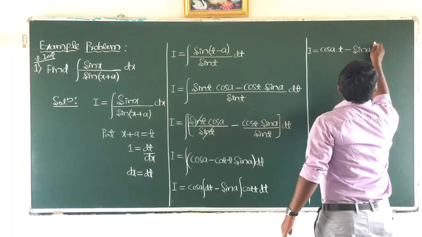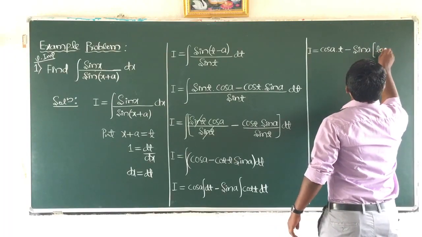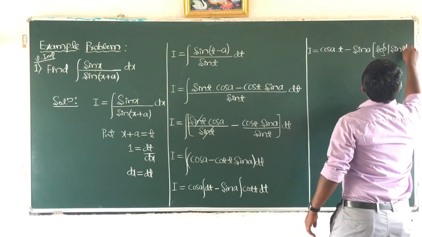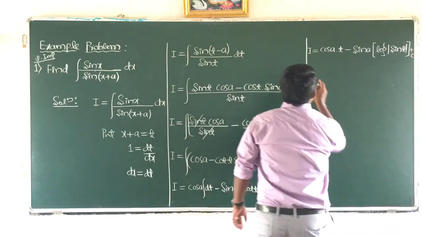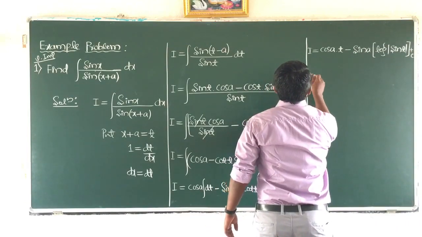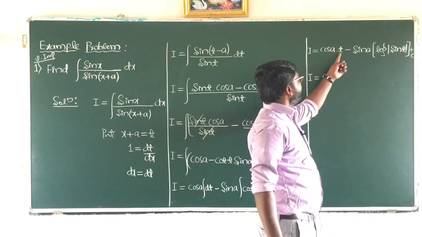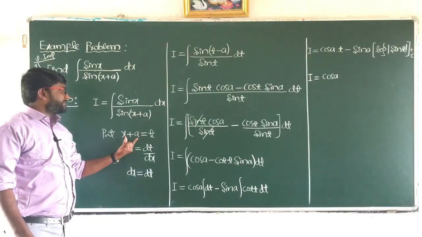So now I equals cos a, write it as it is. Then what is t here? We have to replace t. See the value of t now. It is x plus a.